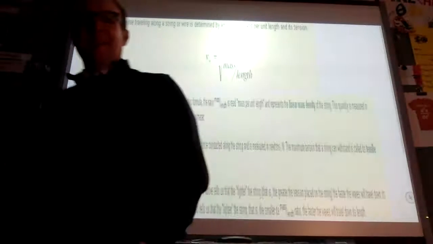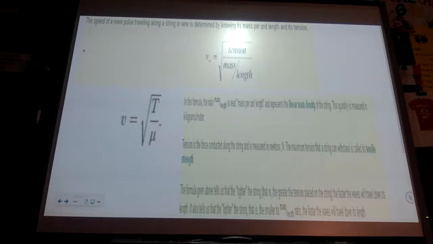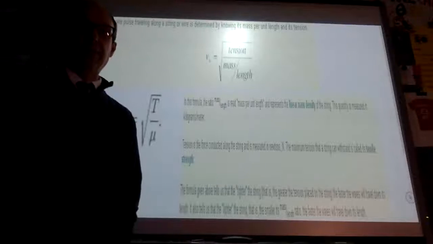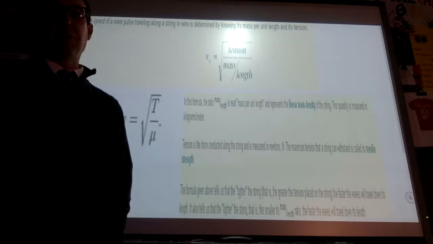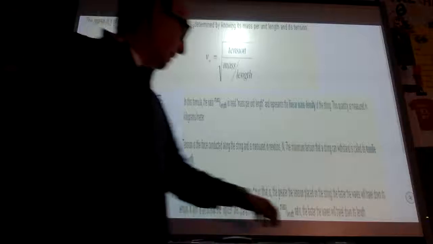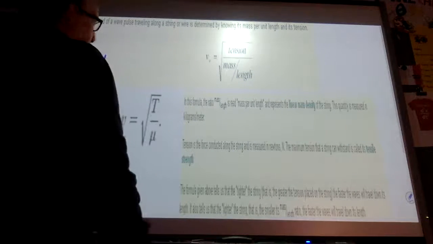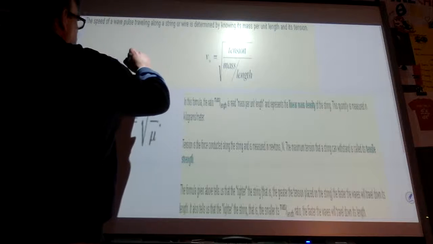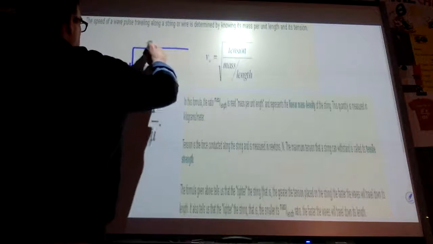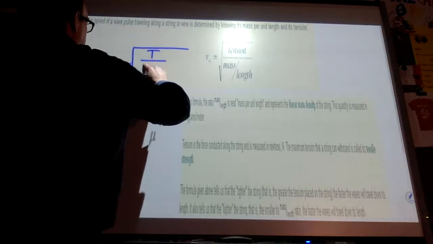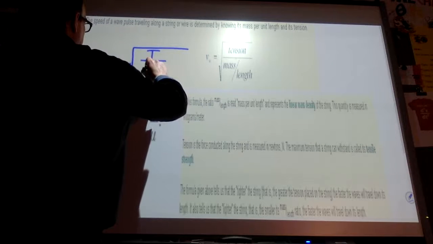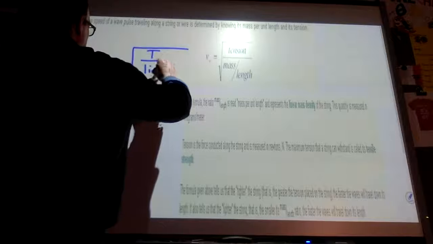So this isn't on the equation sheet, but we're responsible for it, and it tells us how the velocity will change based on characteristics of the medium that it's traveling through. Usually, it's a rope, and it tells us that the velocity is going to be equal to the square root of the tension divided by the linear mass density.